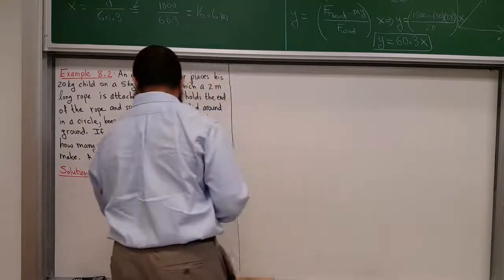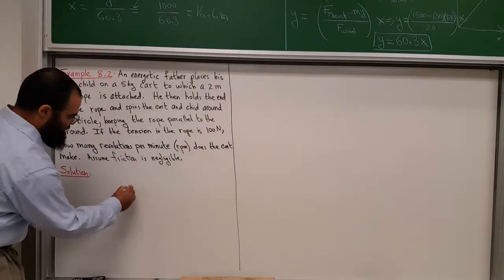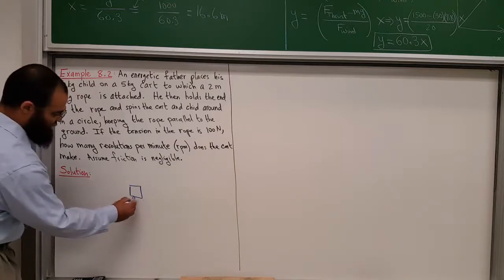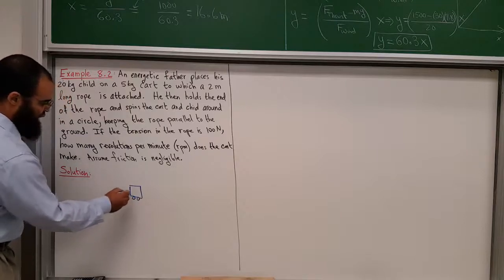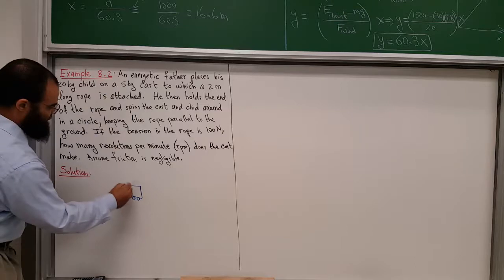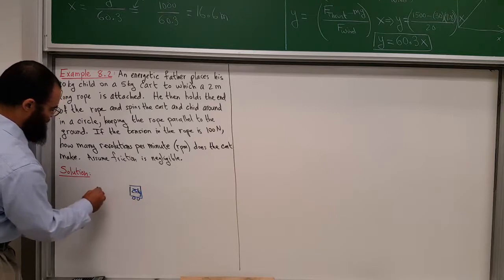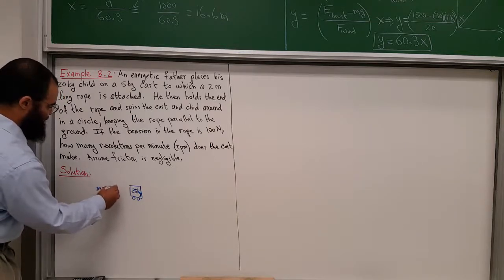Actually, I'm not going to draw a cart with a child. It will be just like this. This is the cart plus the child. Here are the wheels of the cart. It will be child plus cart, so that's 25 kilograms. That's the mass. It's 25 kilograms.